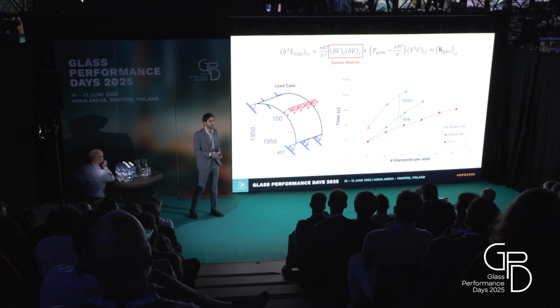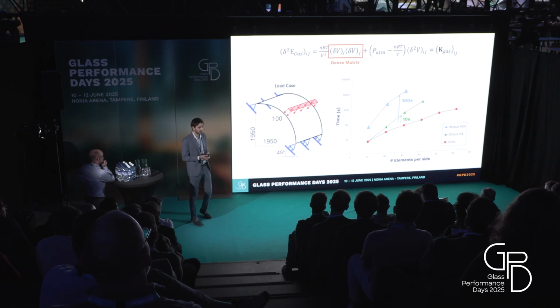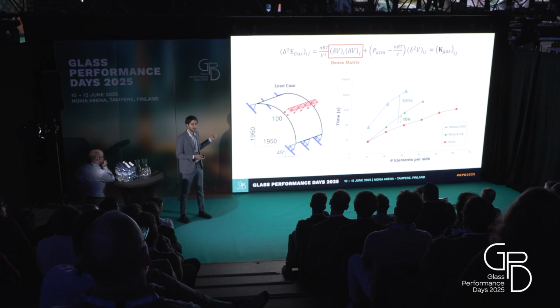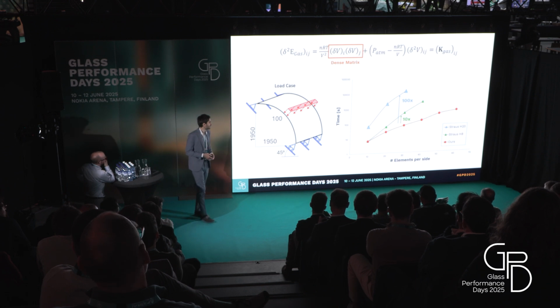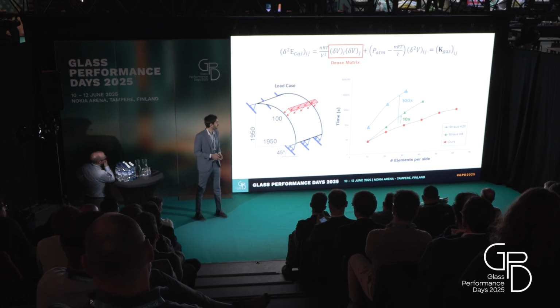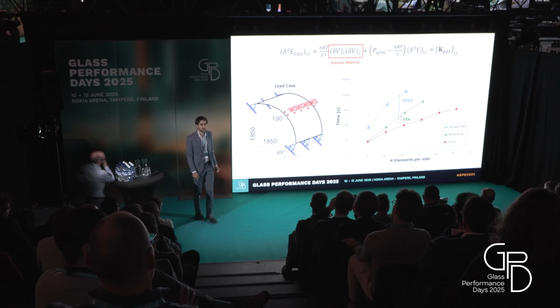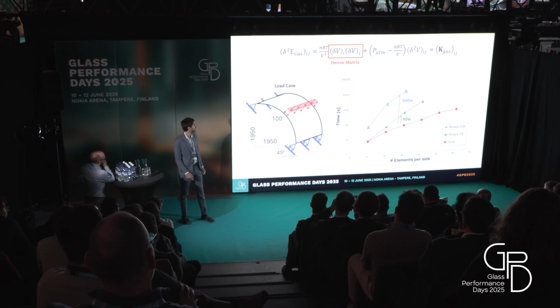And this is how Strand7 compares with our software. I consider a curved geometry with horizontal load. This is a graph where you can see the computation time with respect to the number of elements on each side of the mesh.